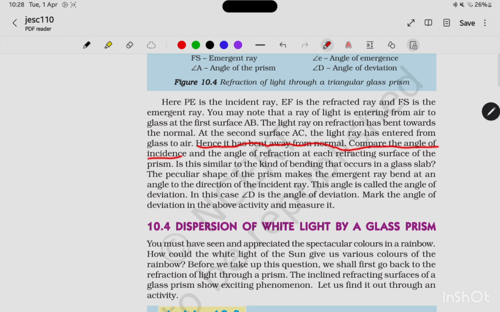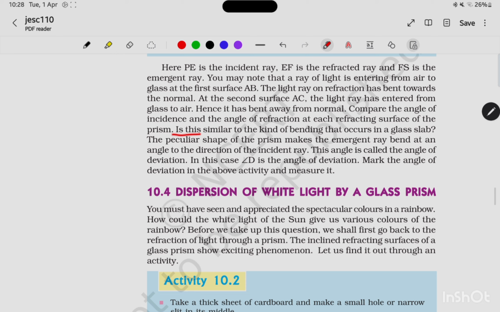Compare the angle of incidence and the angle of refraction at each refracting surface of the prism. Is this similar to the kind of bending that occurs in a glass slab? The peculiar shape of the prism makes the emergent ray bend at an angle to the direction of the incident ray.